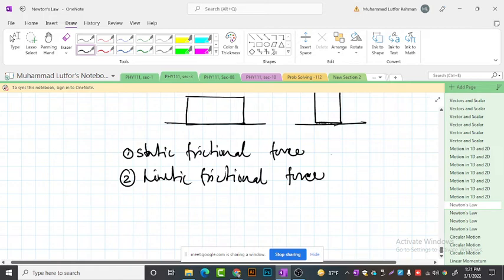Static frictional force will be expressed by Fs, where F stands for frictional force and S stands for static, and kinetic frictional force will be expressed by Fk.